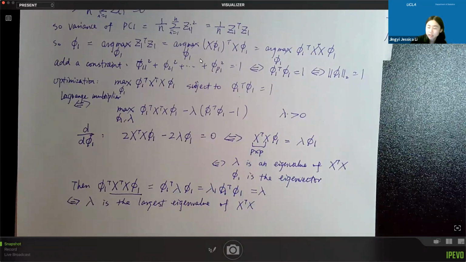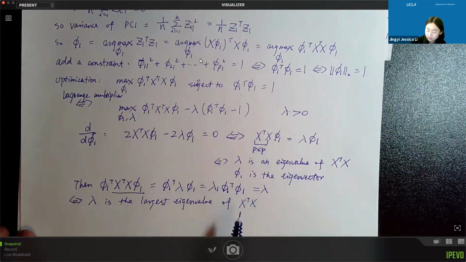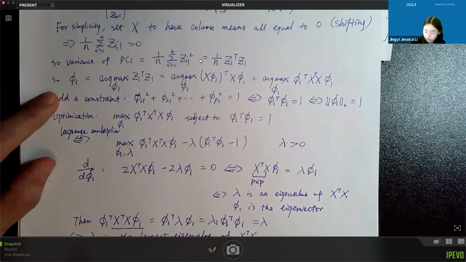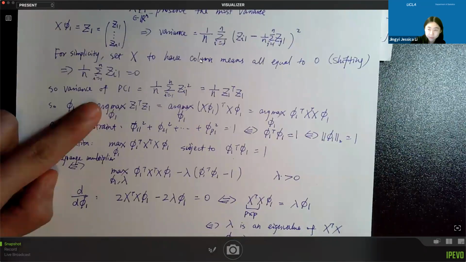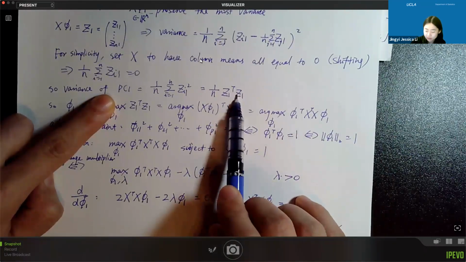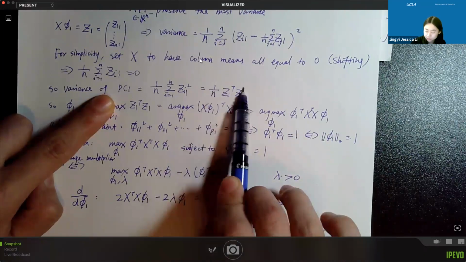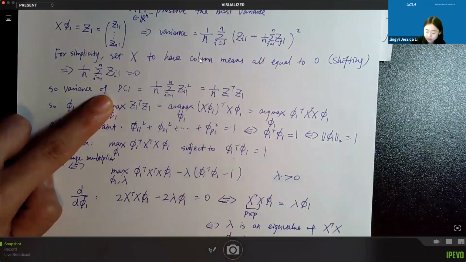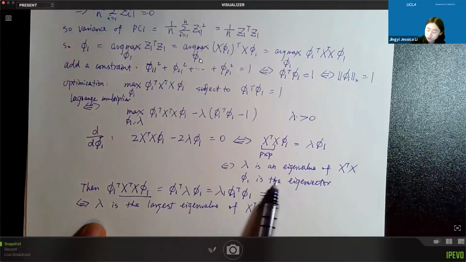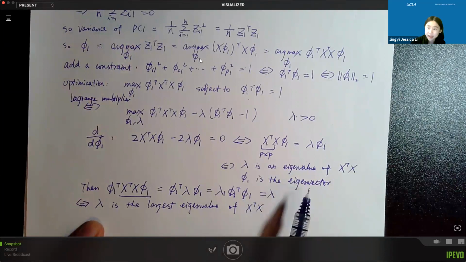So essentially, this optimization problem becomes an eigen decomposition problem. We just need to find the largest eigenvalue of this matrix, and that will be equal to the variance of PC1. So not divided by n, of course. We ignored n. But if we ignore the 1 over n, this part is just the largest eigenvalue of this. And then if we do the eigen decomposition, we will have the corresponding eigenvector.